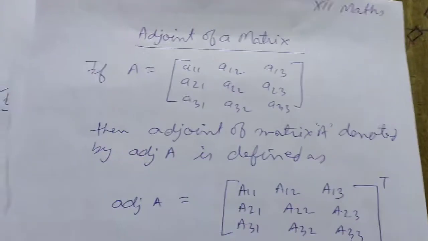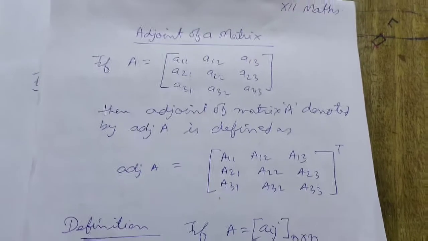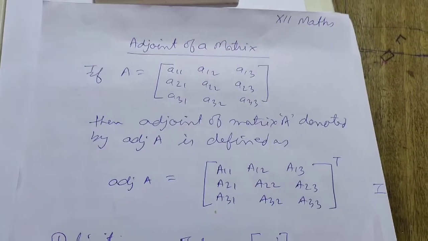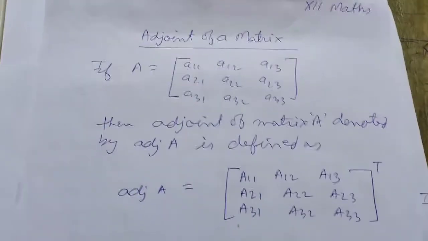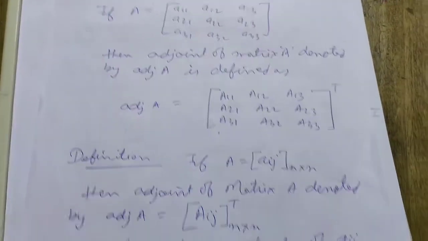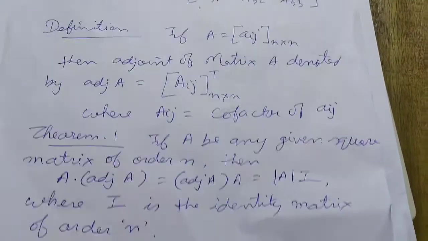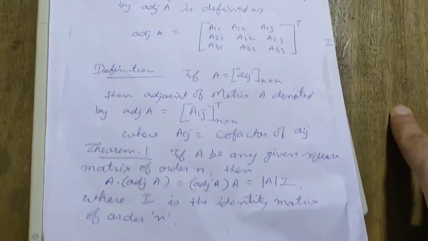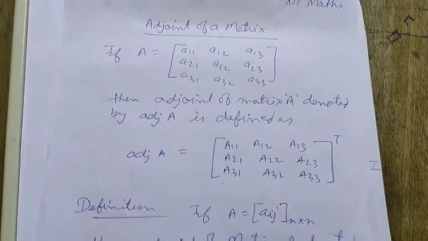We have started from here. These concepts are very, very important to learn, because unless you learn them, you cannot do questions of inverse. So this adjoint of a matrix. Then we have gone through theorem number 1. So do learn them.